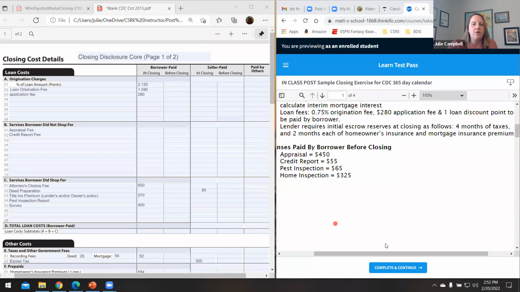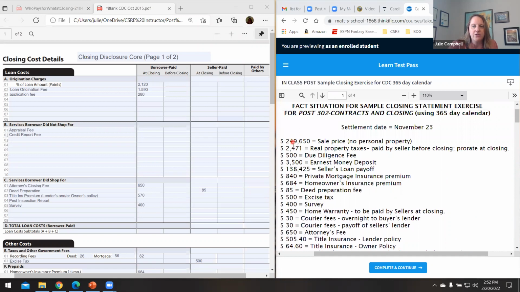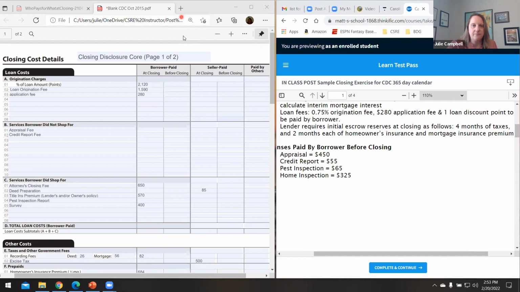So we need to start with knowing the annual amounts. So we got to go back up into the problem and be reminded that our annual taxes are $2,471. Instead of breaking it down to daily, this time I want to break it down to monthly. How many months in a year? 12. So we take our annual and we divide by 12 to get monthly.